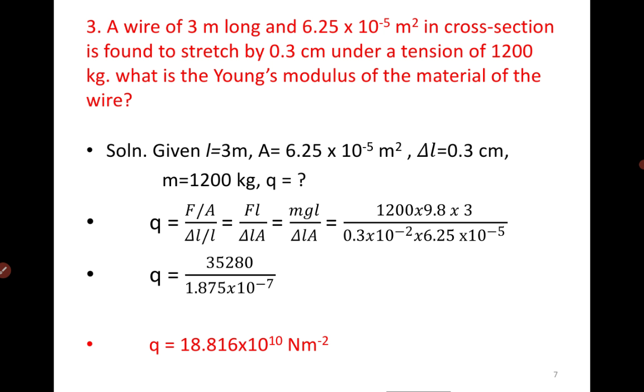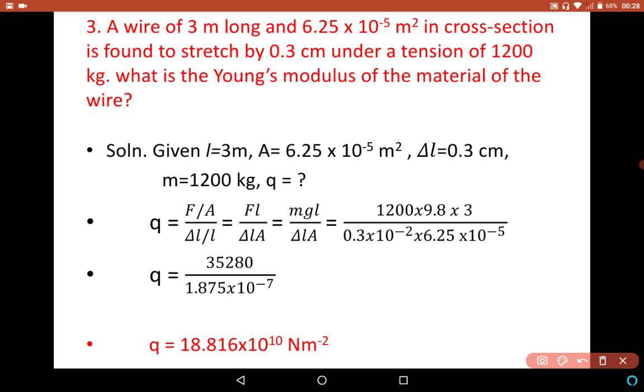What is the Young's modulus of the material of the wire? Here the given quantities are: length of the wire is 3 meter, area of cross-section is 6.25 into 10 power minus 5 meter square, the change in length is 0.3 centimeter, the M value is 1200 kg, and we have to calculate Q.